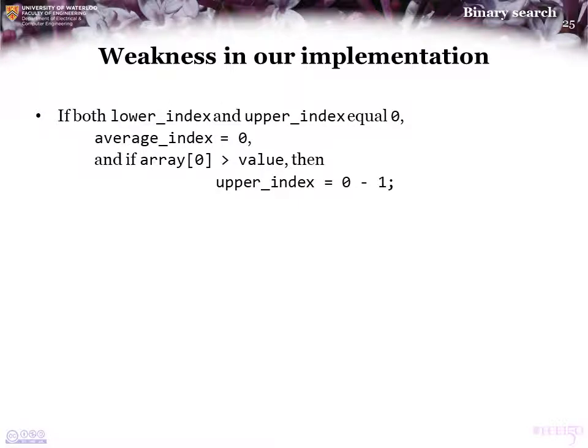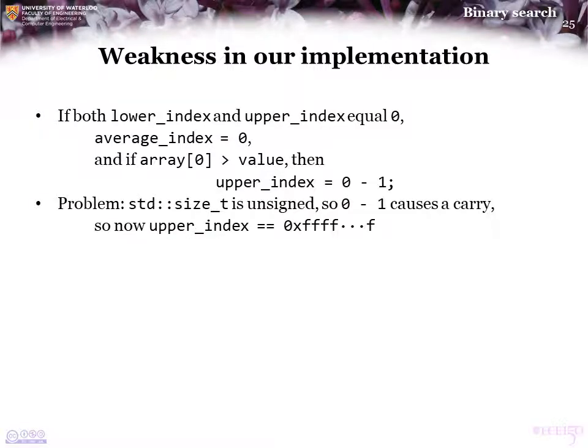So to see how we got to this point, suppose both lower index and upper index both equal 0. In that case, the average index will also be initialized with a value 0. And if the entry at index 0 is greater than the value we are searching for, then upper index is assigned the value 0 minus 1.